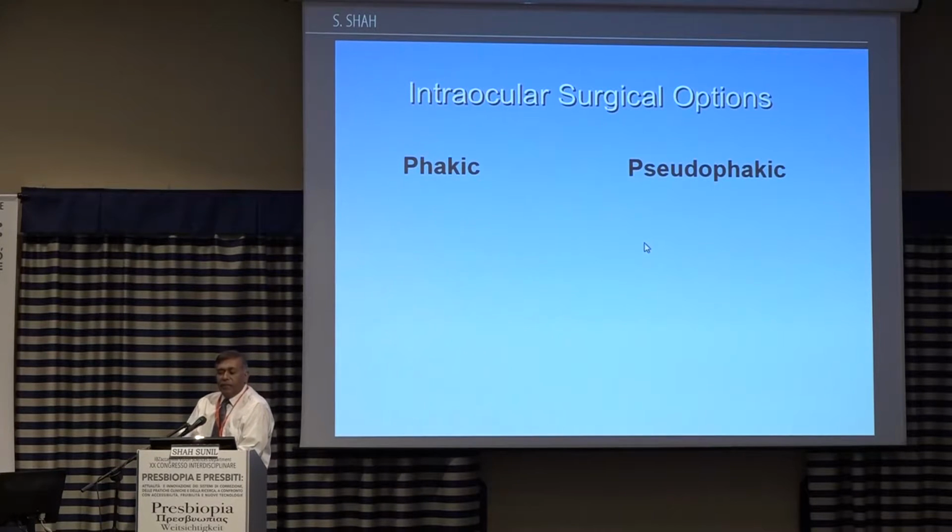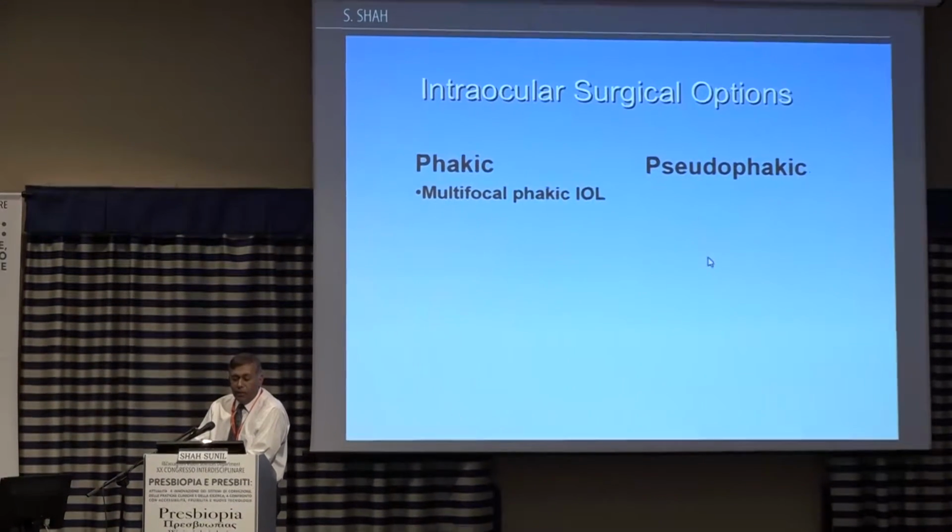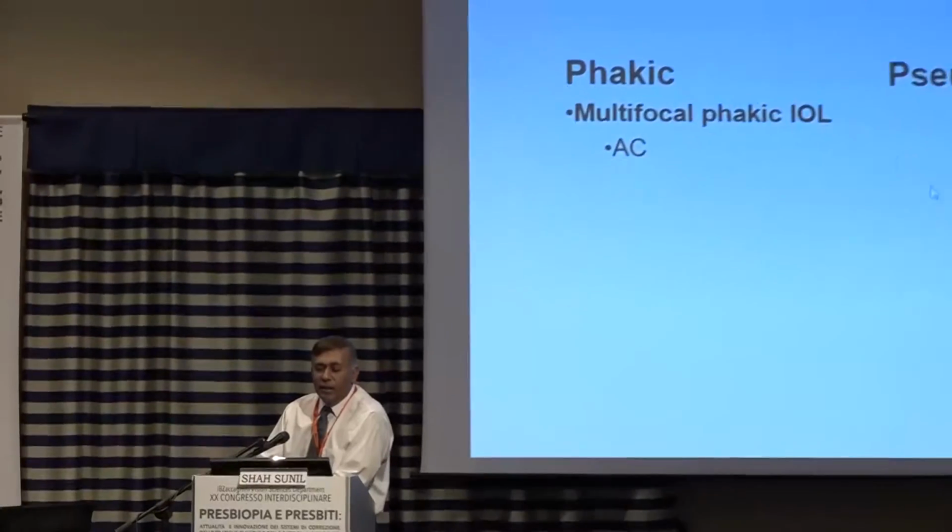What about intraocular surgery? So there's 2 types of intraocular surgery you could do. One is on a phakic eye, and one is making an eye pseudophakic. So multifocal phakic intraocular lenses have been around for a little while, but they were withdrawn because there were problems with the corneal endothelium.